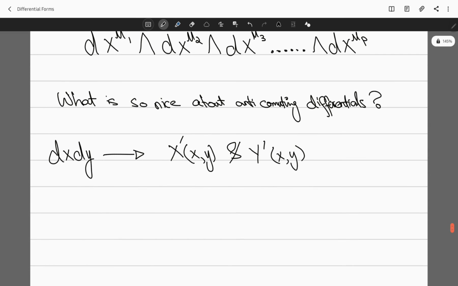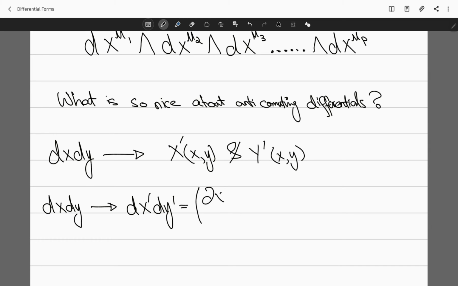Now what happens is that this dx dy transforms as some dx prime dy prime, which is equal to partial x prime over partial x times dx plus partial x prime over partial y times dy, right?